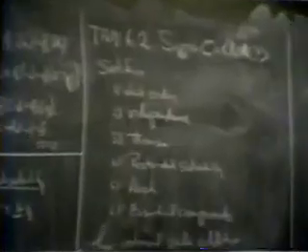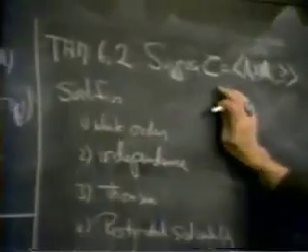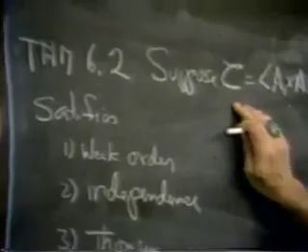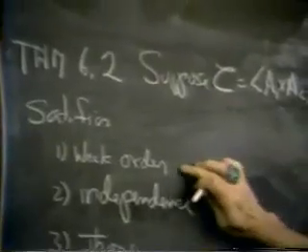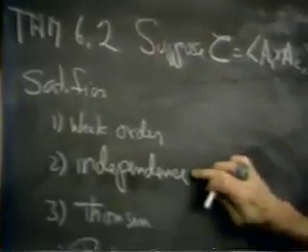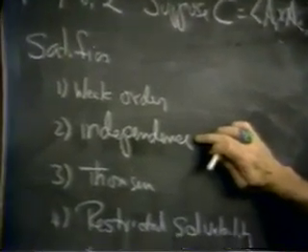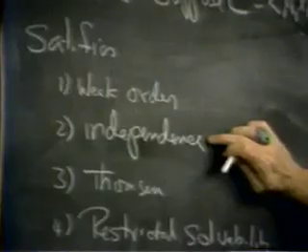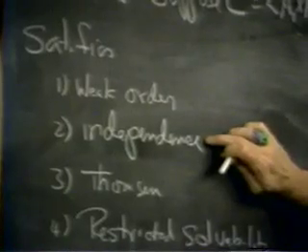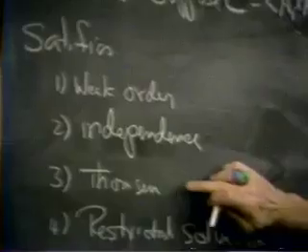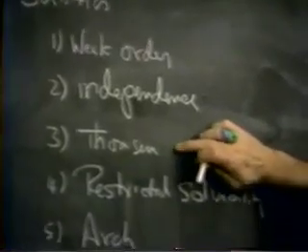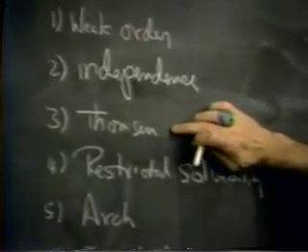With that concept of solvability, the theorem is changed only slightly. We, of course, assume weak order. We now explicitly assume independence. We didn't need to do that before because the independence axiom was not independent of the other axioms. It could be derived from them. Instead of double cancellation, we put in the somewhat weaker condition, the Thomsen condition.